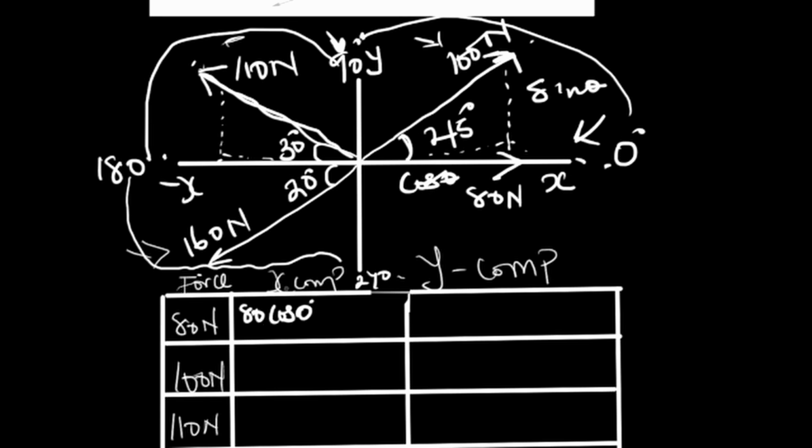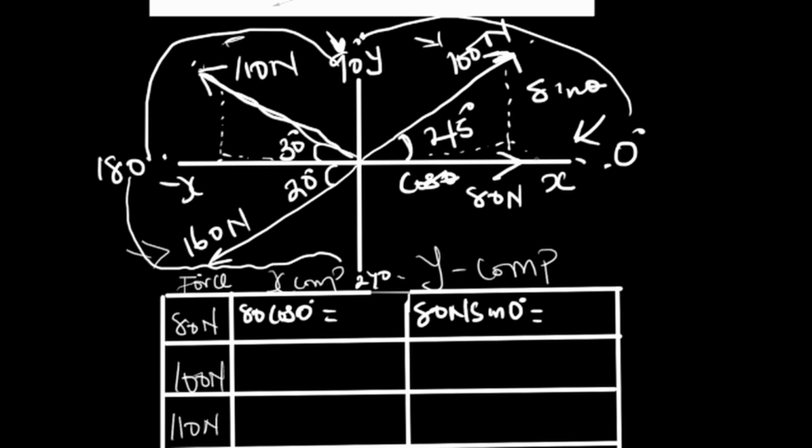So we say 80, supposed to be 80 newtons, but I think I omitted the N. So 80 cos 0 is equal to, we don't know, but let's go ahead and fill in the boxes before we calculate. Now we have 80 cos 0 for the x component. For the y component, we say 80 newtons sine 0 as well. We don't know what the value is, but we shall do that when we're done filling in the boxes.